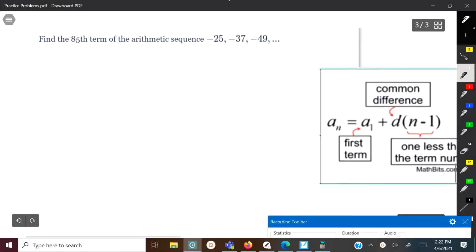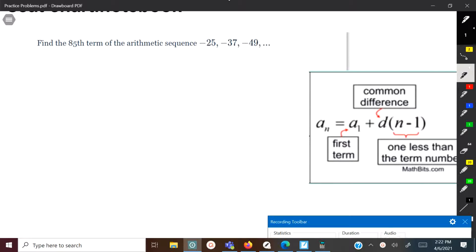Alright, so I kept the formula here so I can see everything I need. I'm going to write it out here. So I've got a sub n, and n is going to be whatever number term they're looking for, 85. That's equal to a sub 1, which is the first term, the first number there.